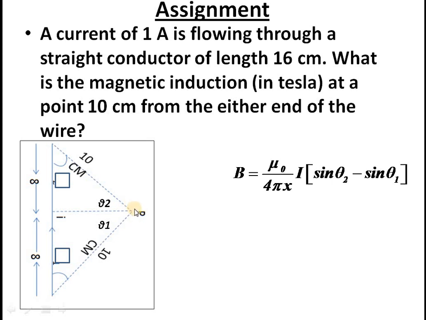With this length, you can easily find the requisite values for theta 2 and theta 1, as we got in the previous theory. So you can get the value of the magnetic field, and also find the direction of the magnetic field at the point P. Do it as an assignment. You can verify your answer with the answer shown here.